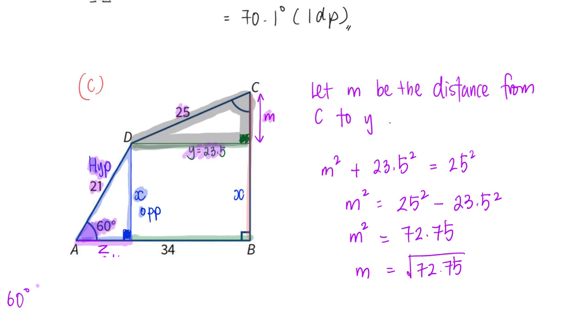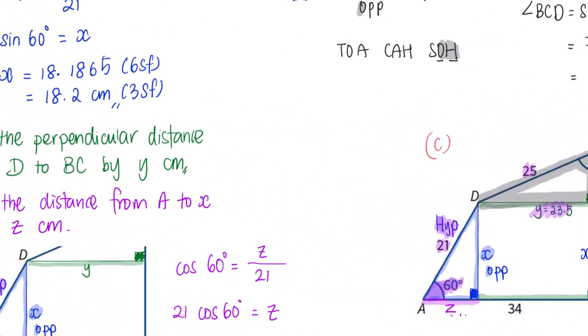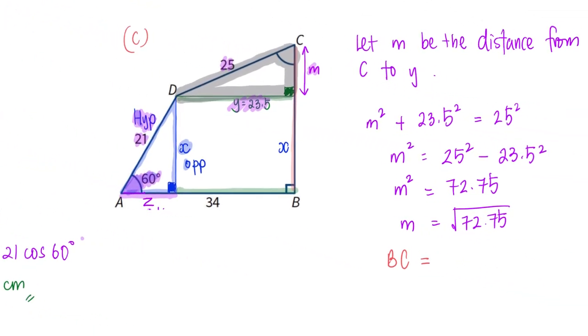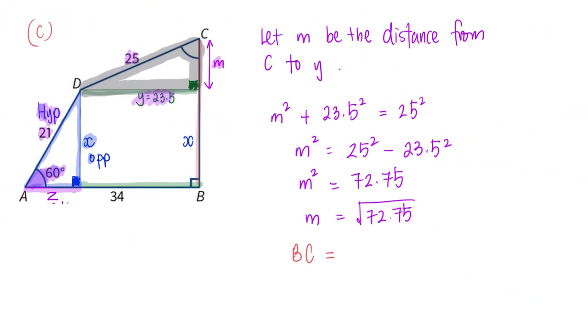And I will then be able to get BC now. BC will be equals to x. And x, previously we found it to be 18.1865. And I'm going to add the m now.